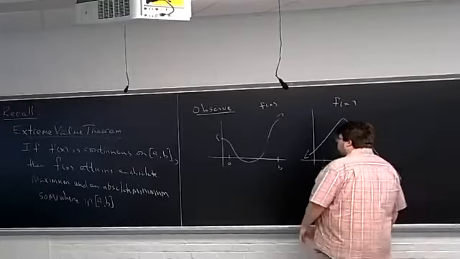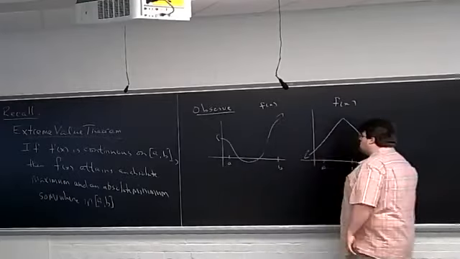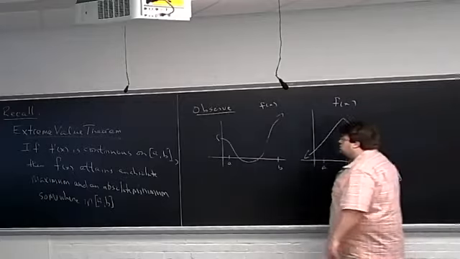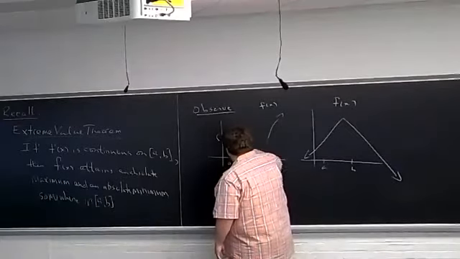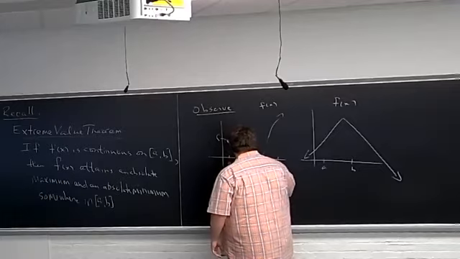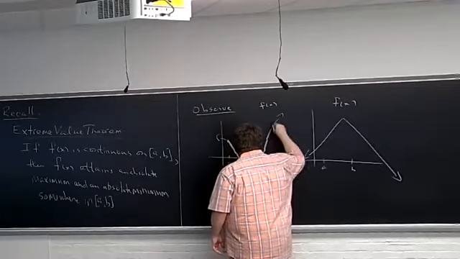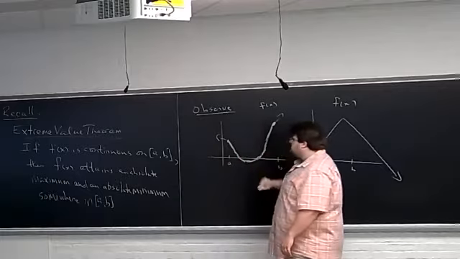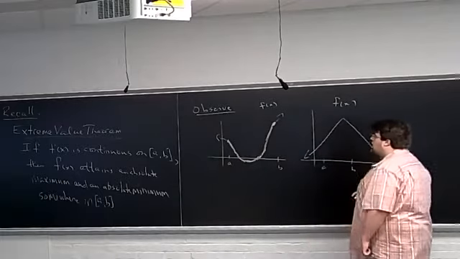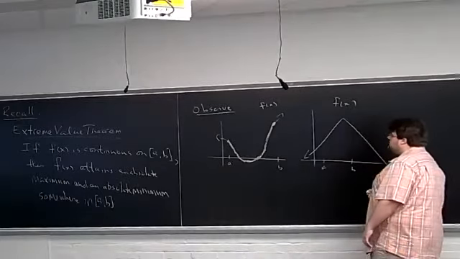And in both cases, we've blocked off an a to b. I'm going to shade in the portion of the function that this blocking off corresponds to. So in the first case, the piece of the function on a to b is something like that.